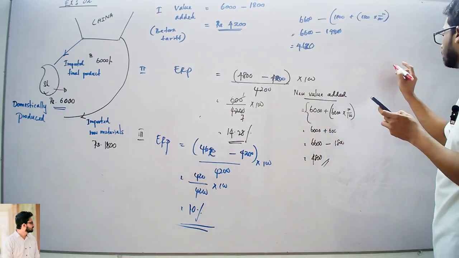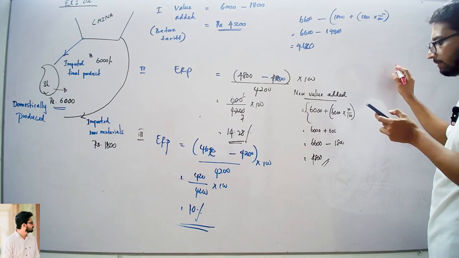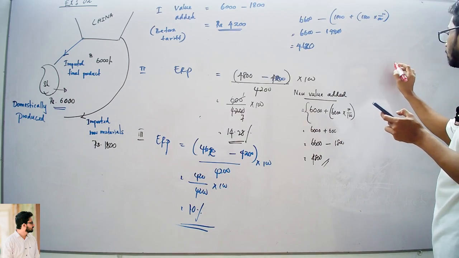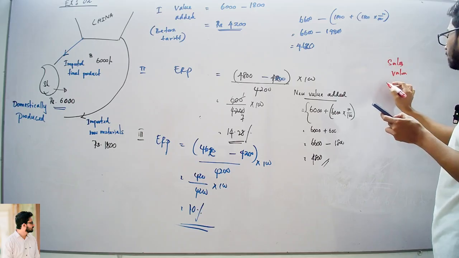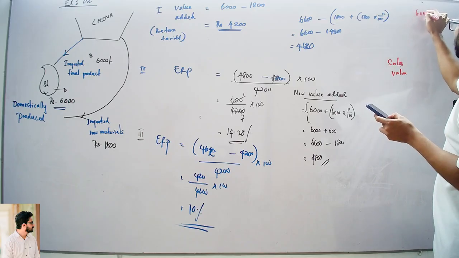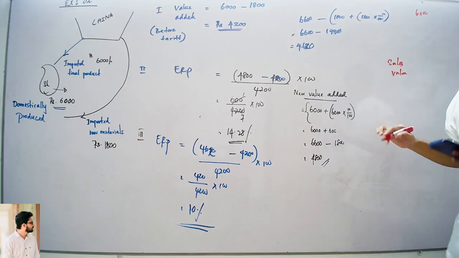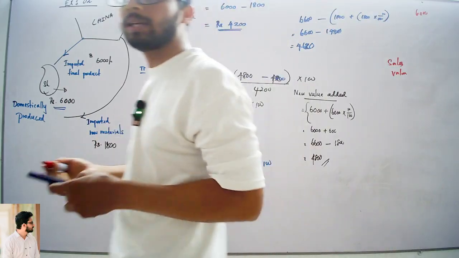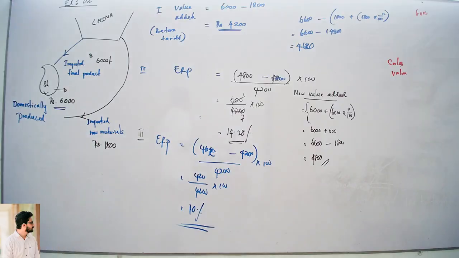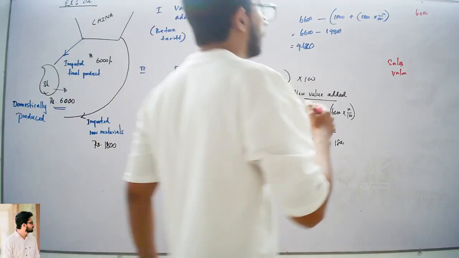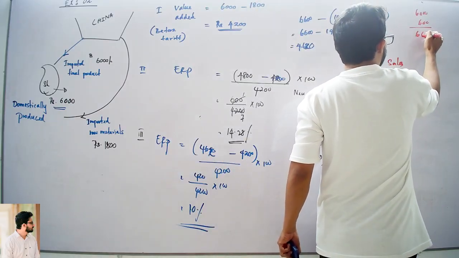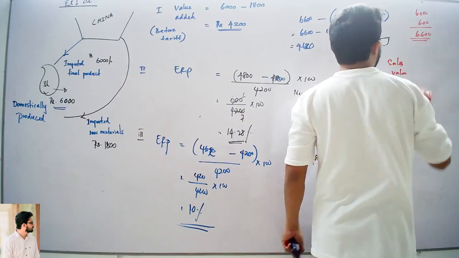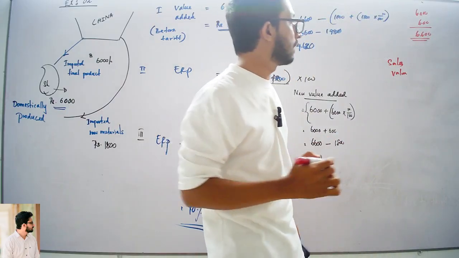Sandil, value addition. Take the sales value of the domestic product after the tariff. Sales value. How much, Pudha? The price of the product is 6,000, but when a 10% tariff is imposed, the price of the imported good increases by 600, so domestic producers also increase their price by 600. Then the selling price of the domestic product after the tariff is 6,600.